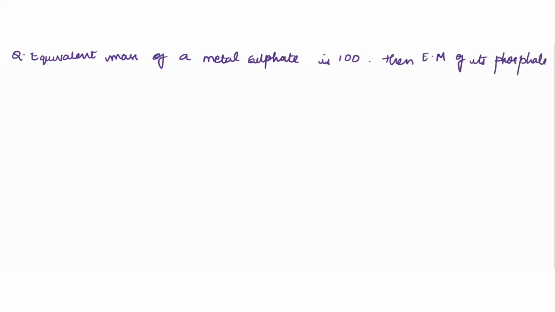That's the question. So equivalent mass of, let's say the metal is M. So MSO4 is equivalent mass of the metal plus equivalent mass of sulfate. In the question they have given equivalent mass of metal sulfate as 100. Now our job is to find the equivalent mass of metal.